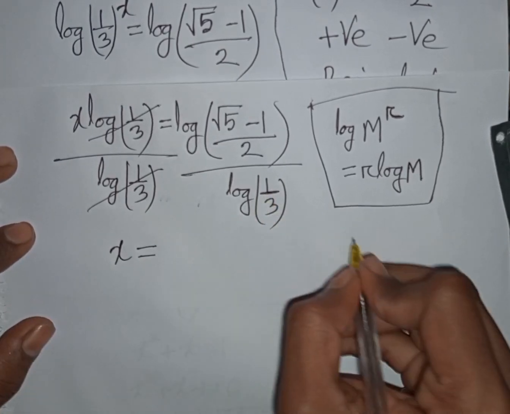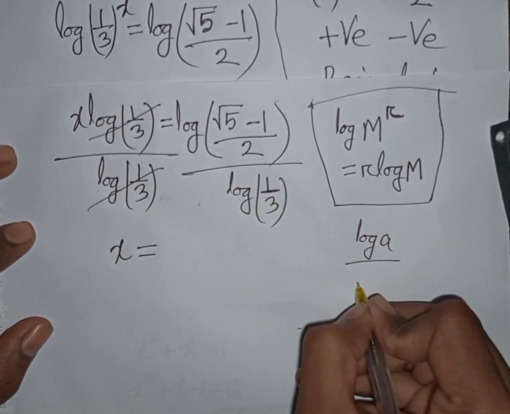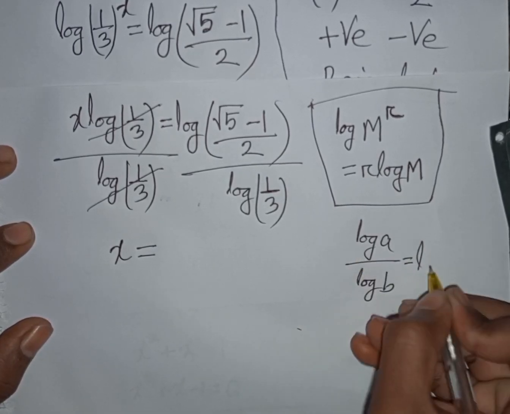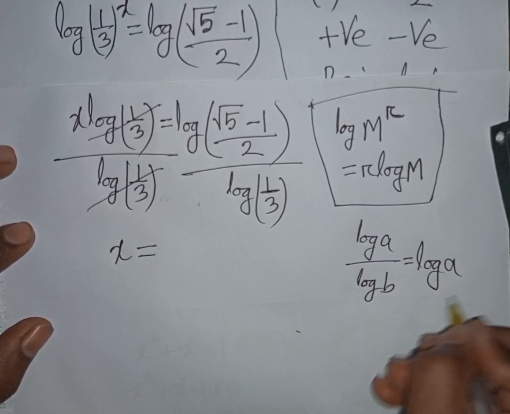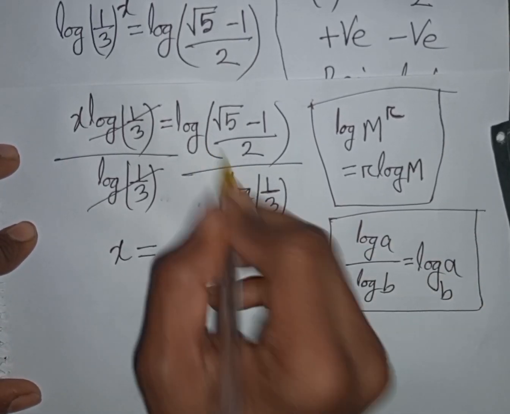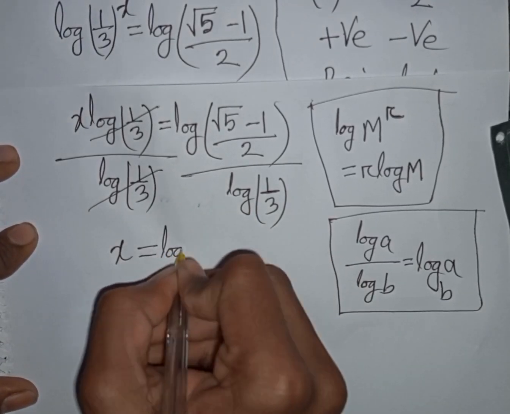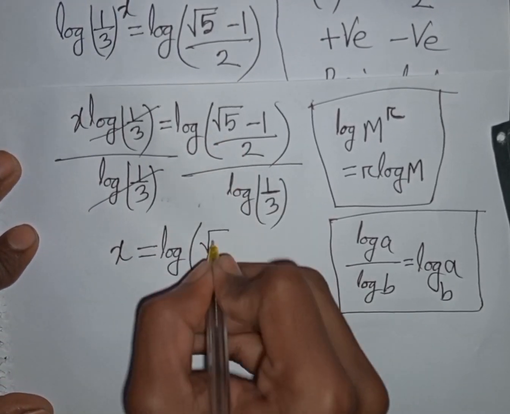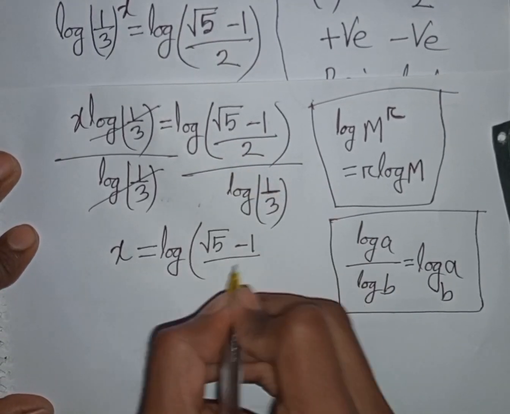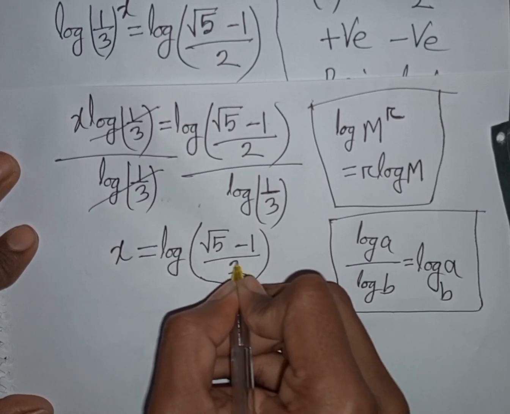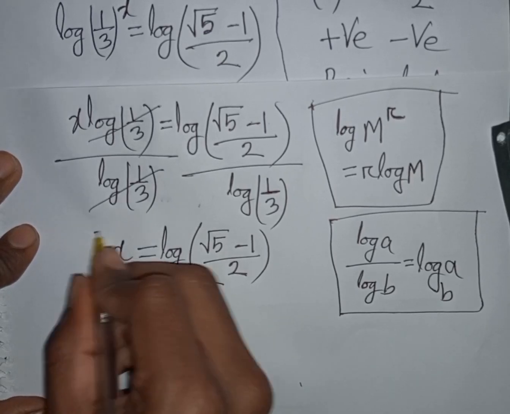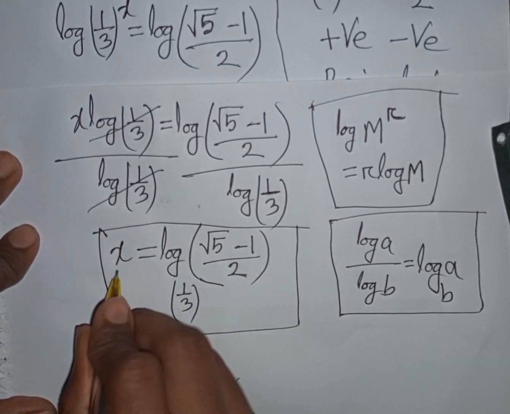That means here I can apply this formula: log a divided by log b is equal to log a base b. So according to this formula, it will be log of square root of 5 minus 1 over 2, then base 1 by 3. So this is the value of x.